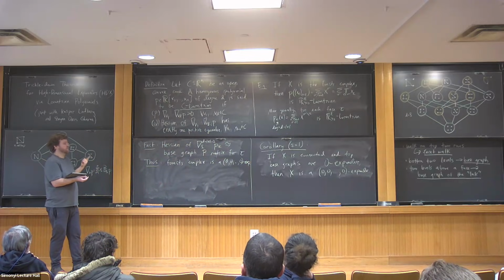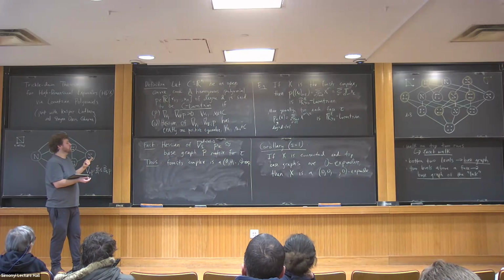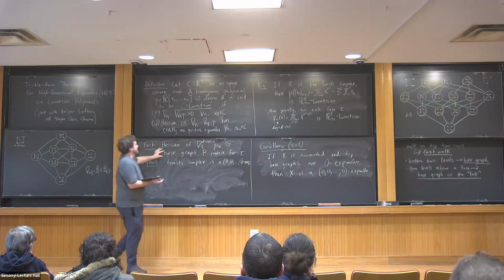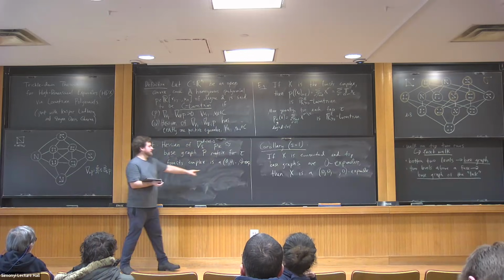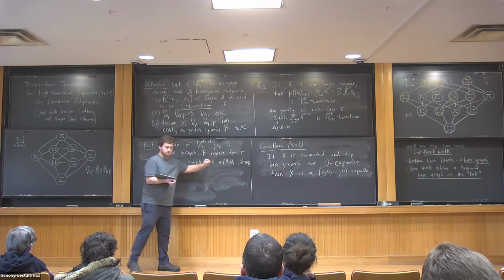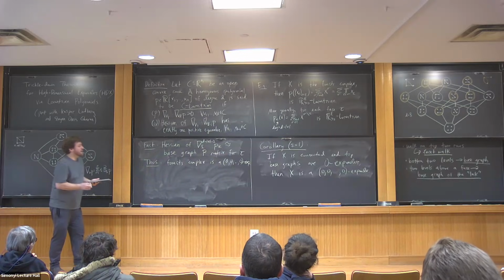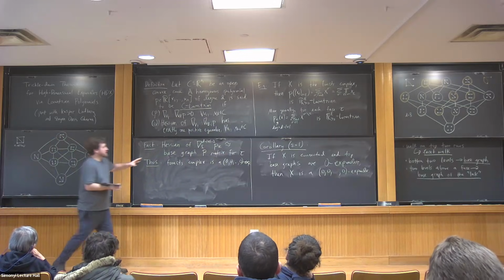That's equivalent to saying that it has one positive eigenvalue. And so what I'm saying is essentially the base graph is a zero expander for every tau, and that's exactly this statement.